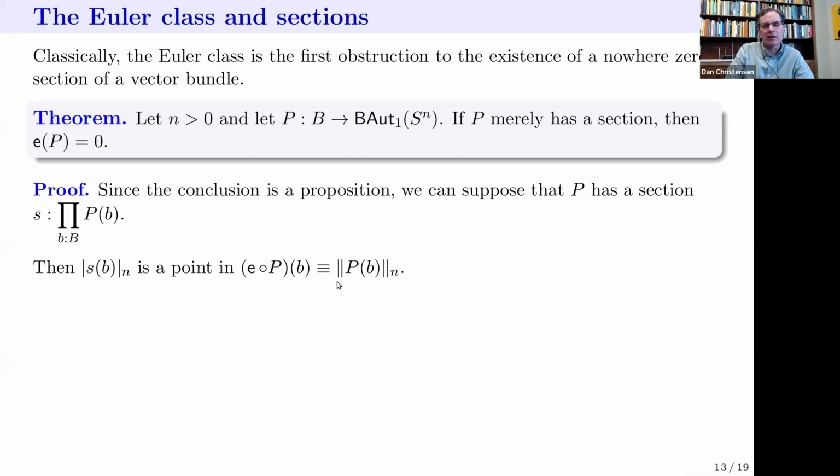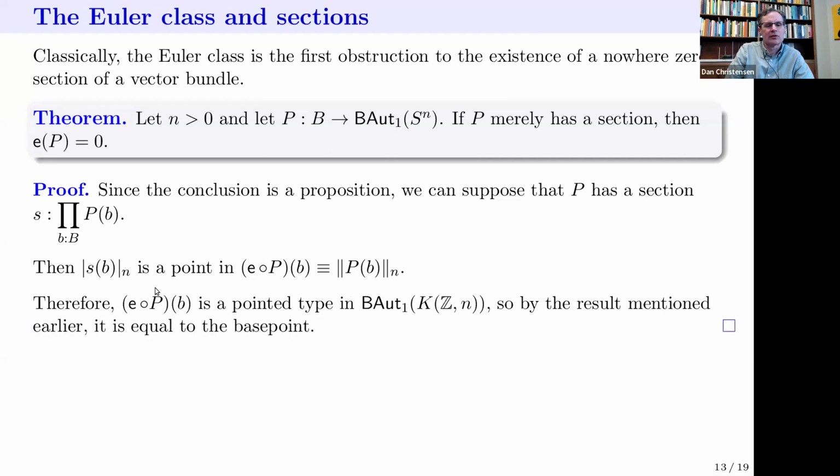So here we have an element of a K(Z,n) oriented type, which means it's trivial. Remember, a pointed torsor is trivial. A pointed oriented type is trivial. So this type is pointed and it's in B01 K(Z,n), so it's equal to the base point. So we've shown that this composite function, E composed with P, is homotopic to the constant function, which is what represents the 0 class in cohomology.